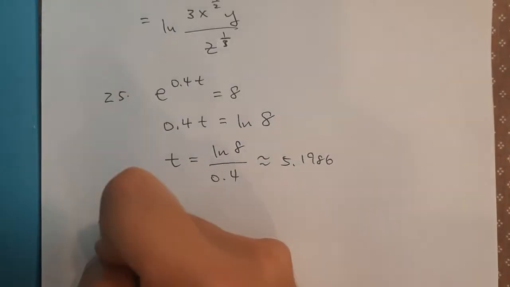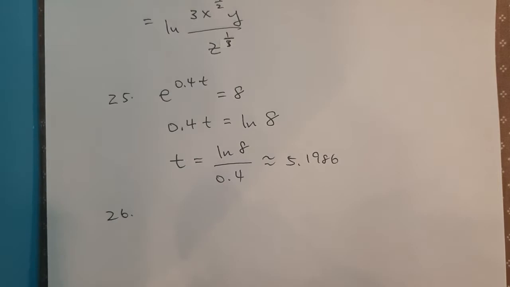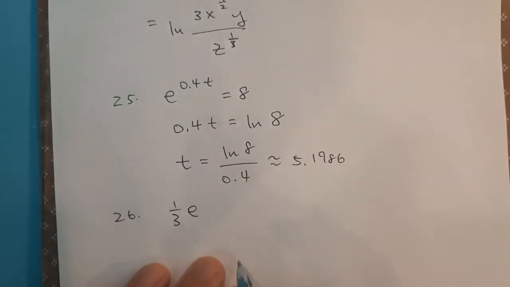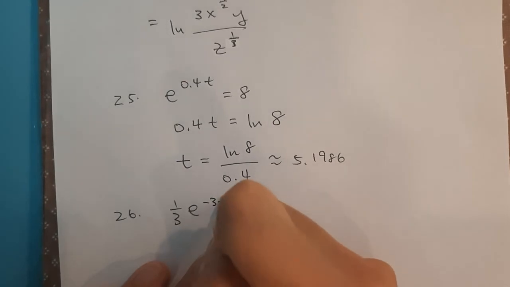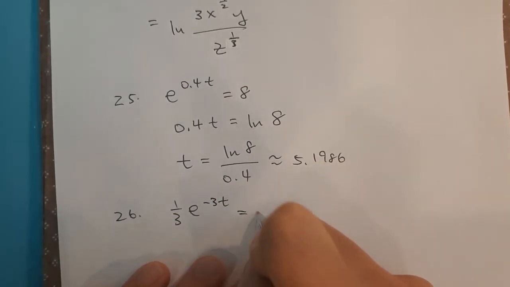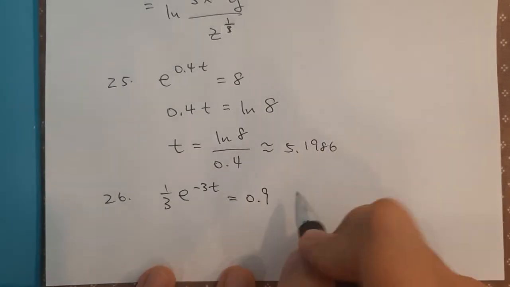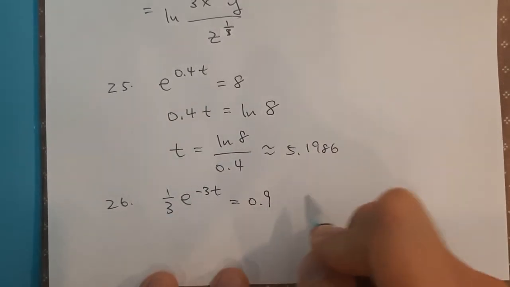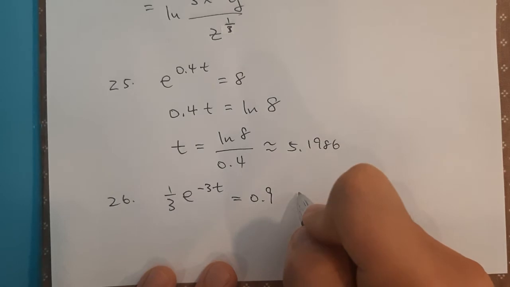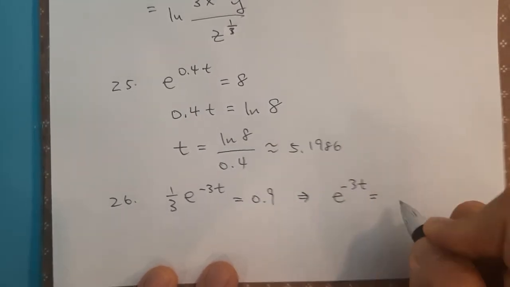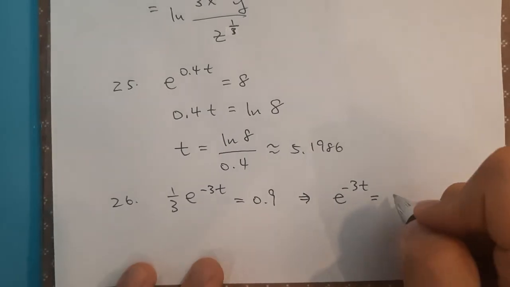So for 26, here we have 1/3 e to the negative 3t equals 0.9. So first we can multiply the 3 over. We get e to the negative 3t equals 3 times 0.9.